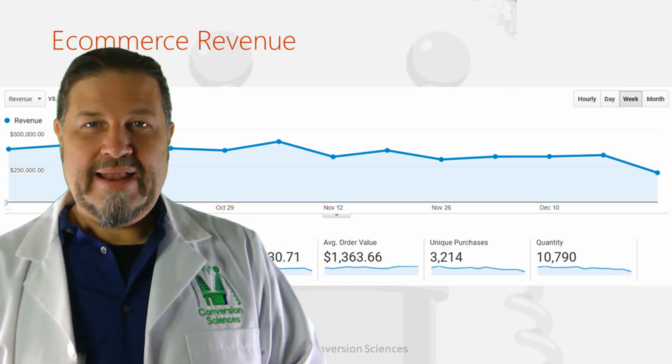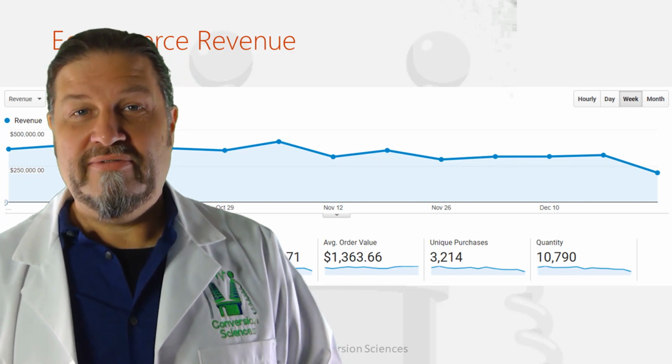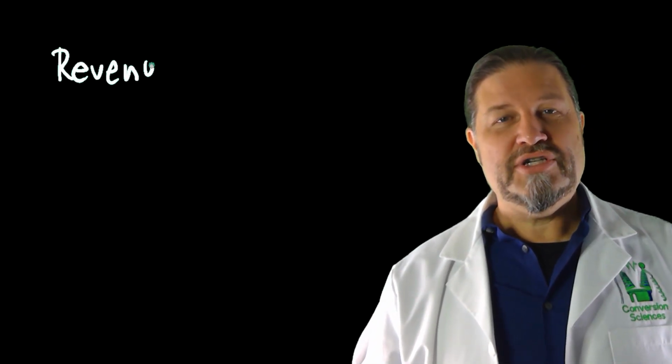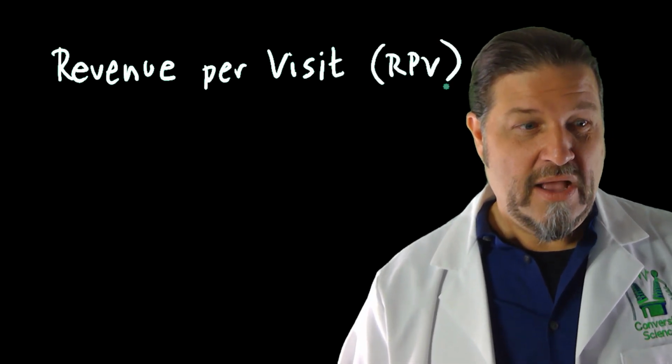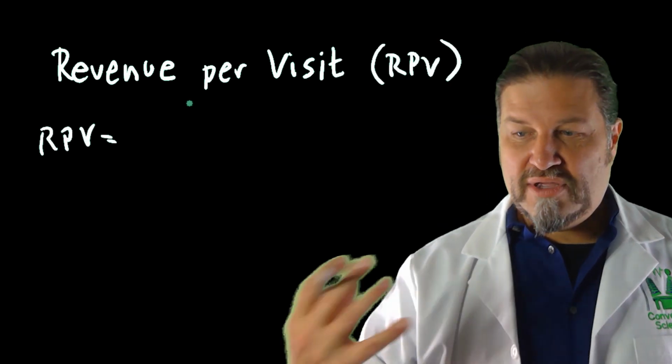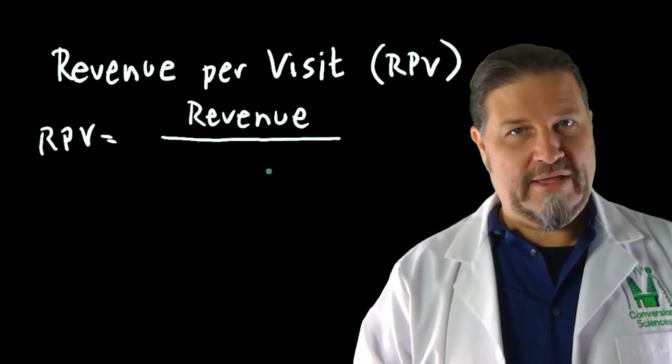But if we back that up and we look at the number of visitors we had for that same period of time, we can understand a very important metric called revenue per visitor. Now, revenue per visitor combines both the conversion rate and the average order value.